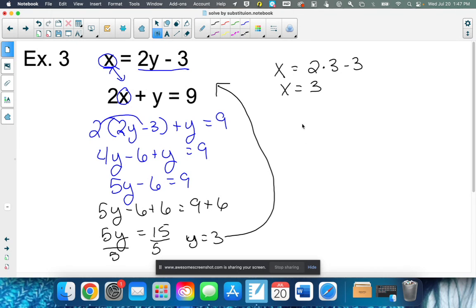If you do it in the second one, it's going to be 2x plus 3 equals 9, and then you have to subtract 3 and divide by 2, but you're still going to get 3. So my ordered pair in this case is 3, 3. And that is it for solving by substitution. Our next video will be solving by elimination.